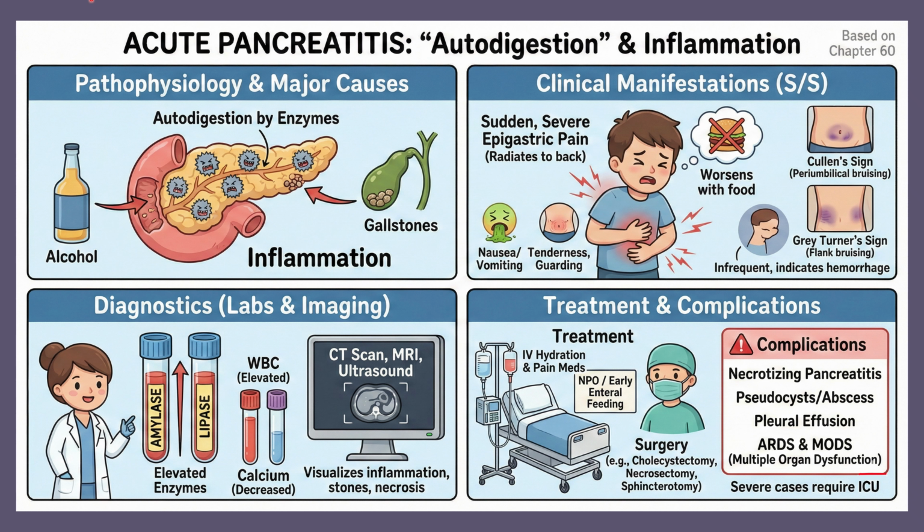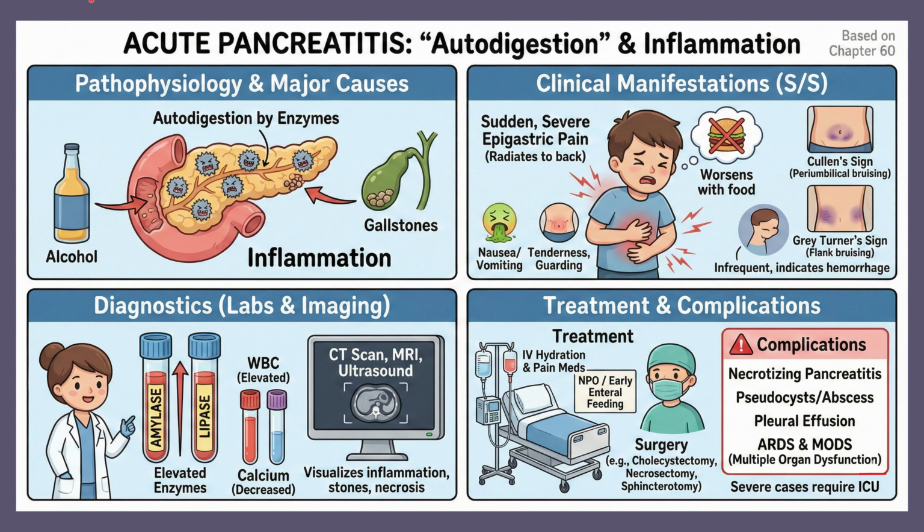While mild cases typically resolve with full recovery, severe acute pancreatitis can lead to systemic inflammatory response syndrome and organ dysfunction with a mortality rate of 15 to 30%. The condition is more prevalent in males and individuals of African descent.